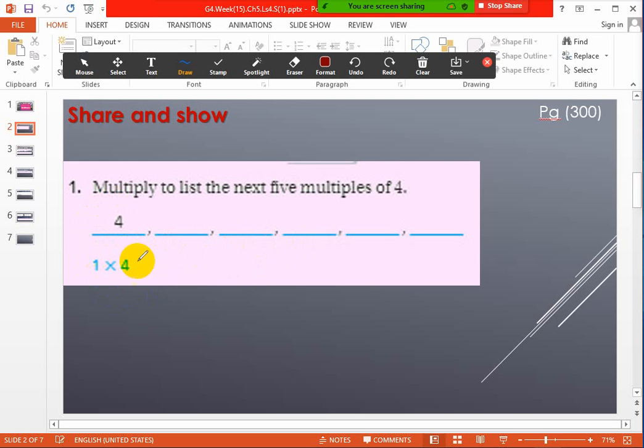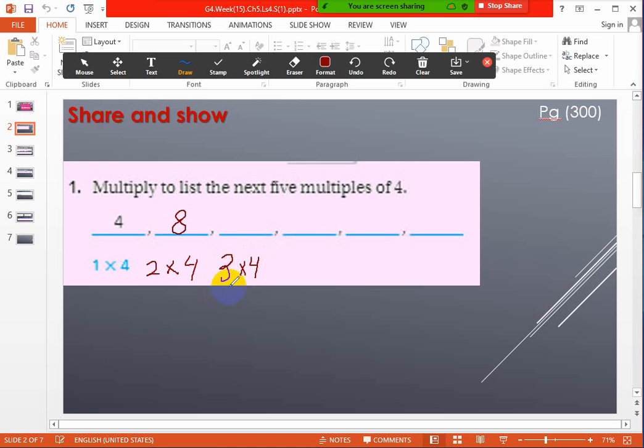Start with 1, then if I multiply the 4 with 2, so the multiple will be what? 2 multiply 4 equals 8. Then if I multiply it with 3, so the multiple will be what?